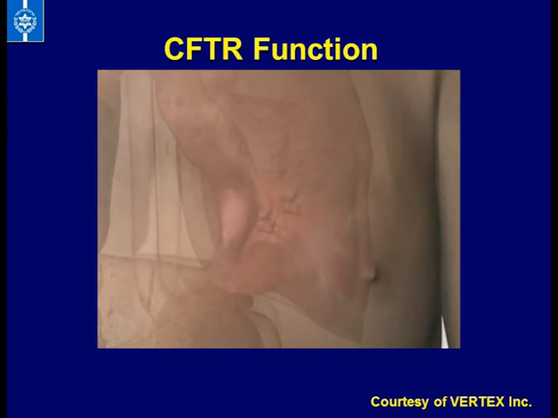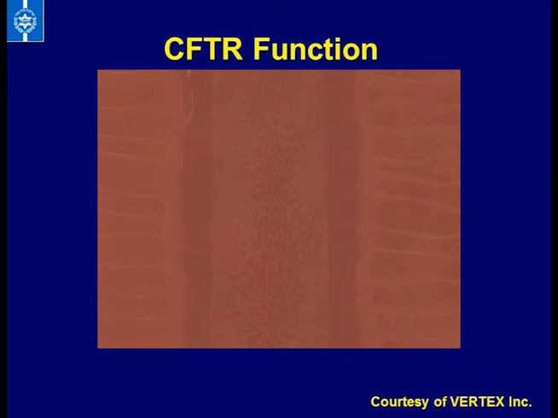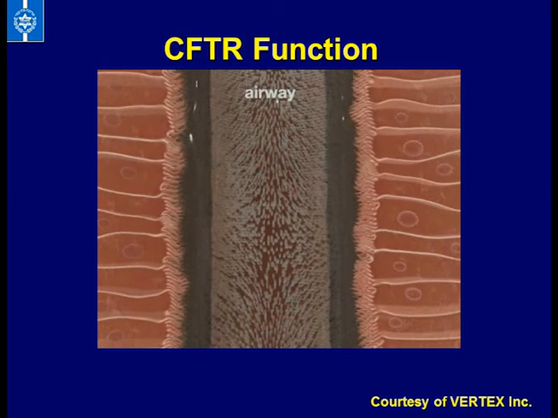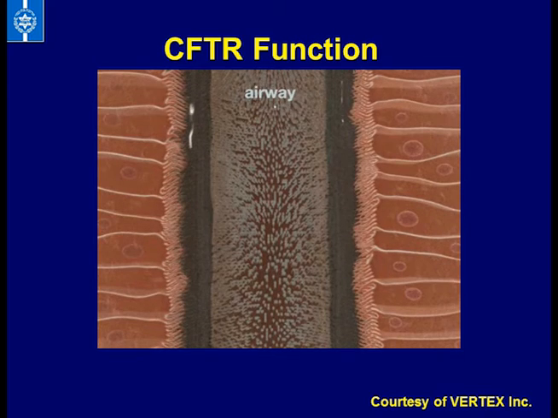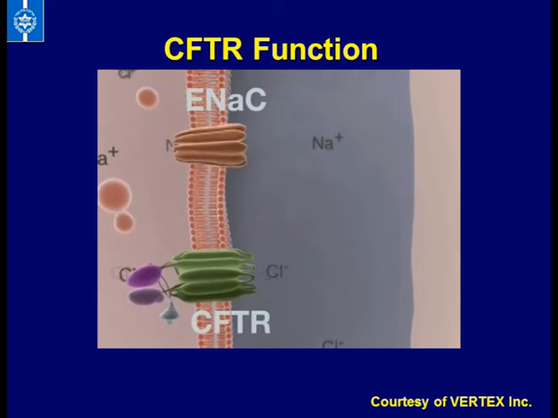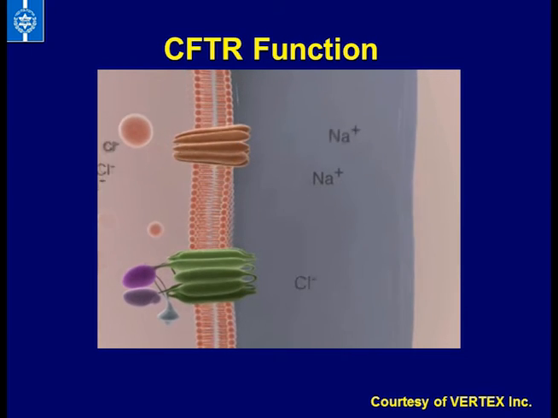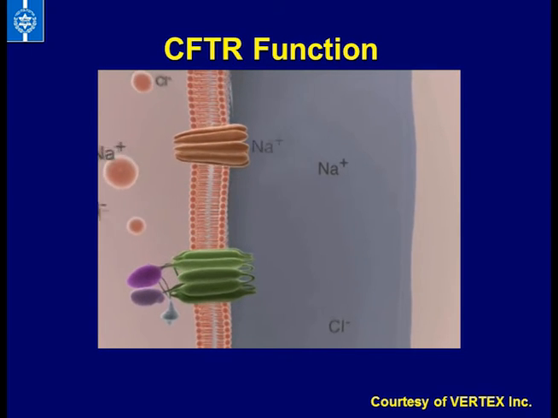In the normal lung, the airway surface liquid, or ASL, supports an environment in which cilia can beat freely and clear mucus that has trapped inhaled particles. Active secretion of chloride via the CFTR channel and absorption of sodium are necessary to regulate the volume of the ASL.